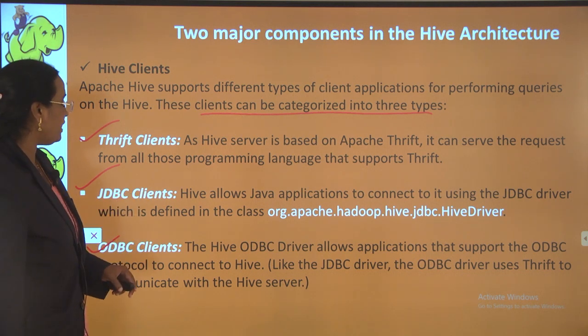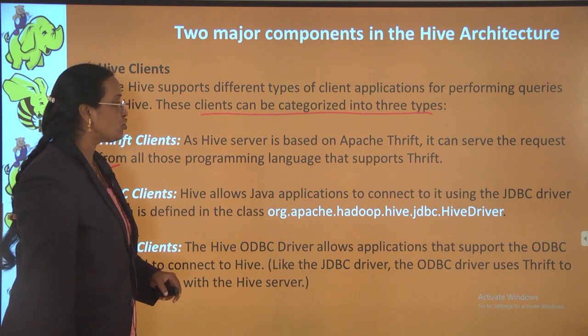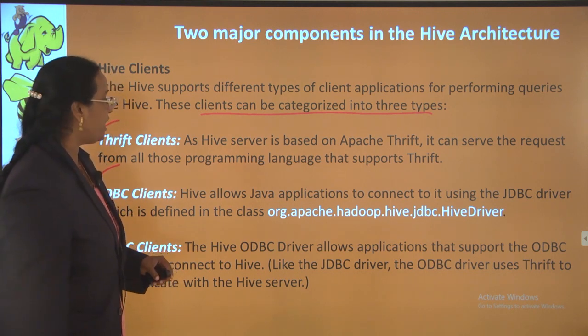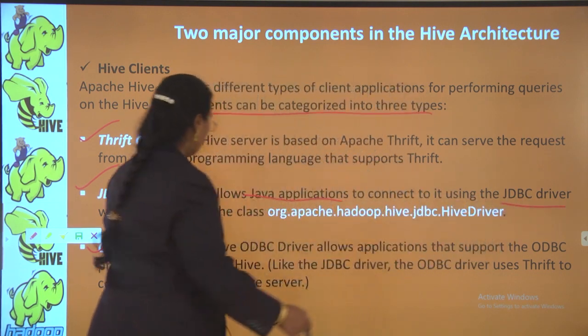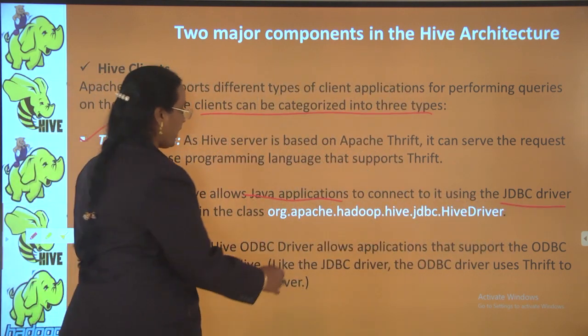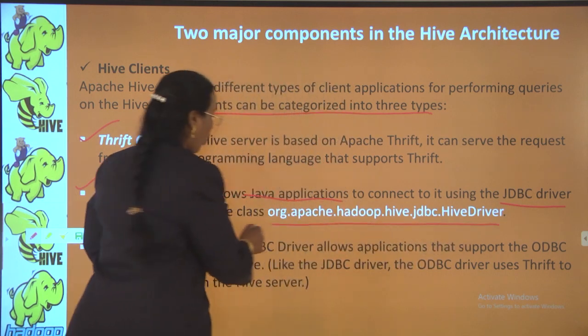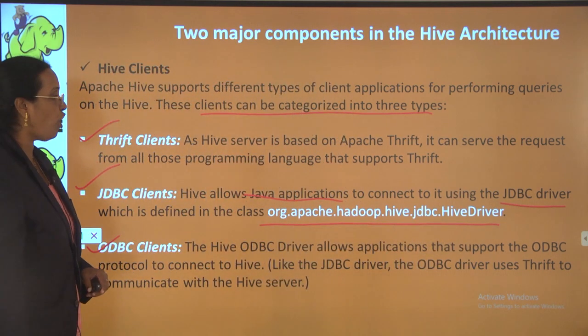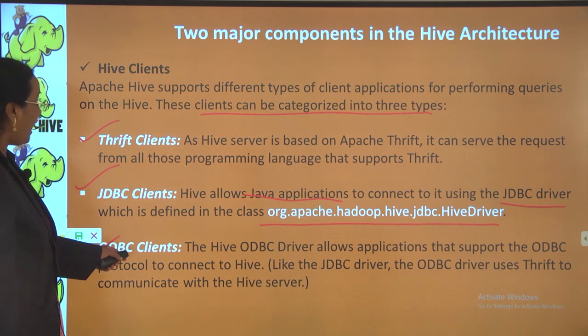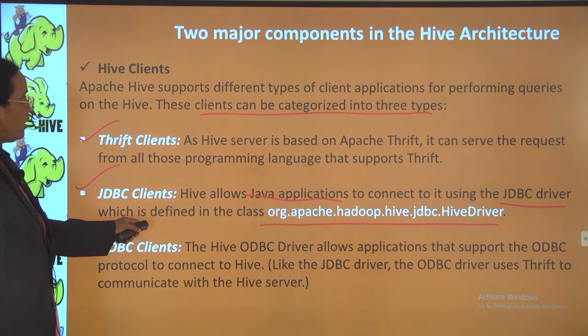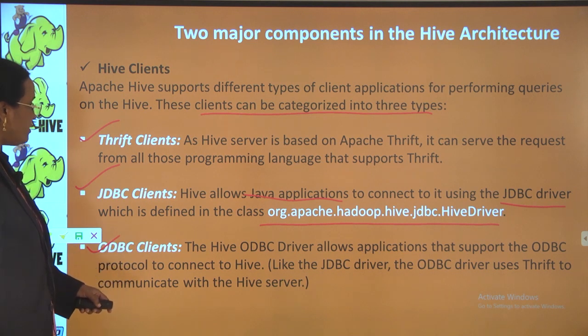It can serve requests from all those programming languages that support Thrift. And for JDBC clients, Hive allows Java applications to connect using JDBC drivers. So Java applications make use of JDBC drivers, and it makes use of the package called org.apache.hadoop.hive.jdbc.HiveDriver. And the third category of client is the ODBC client.